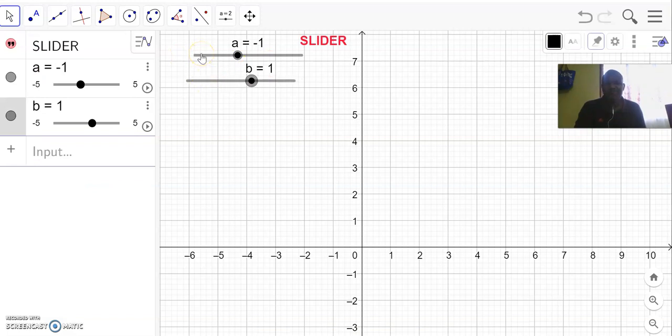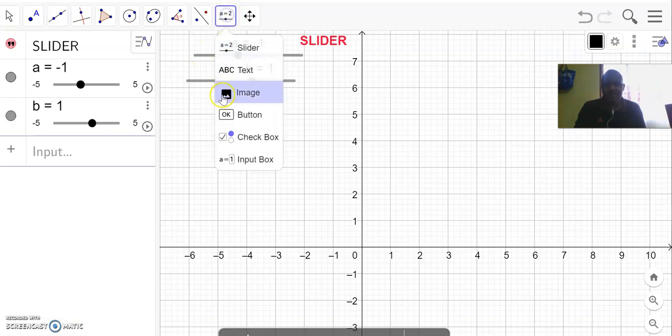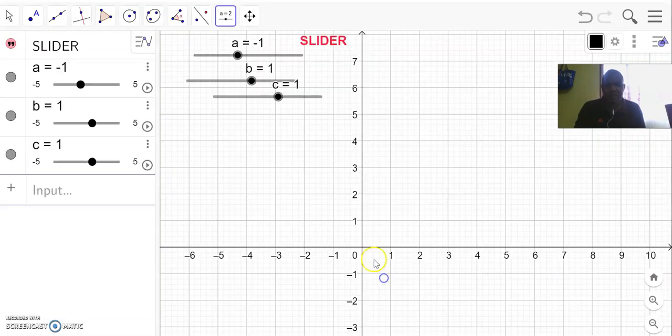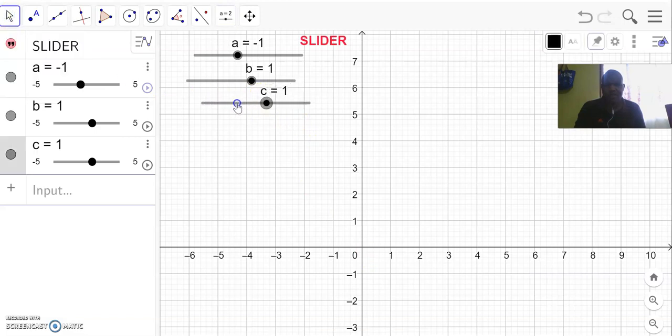And then bring slider for the constant now, which is our slider C. C is here. It's a number. -5 to 5 is okay to me. Then an increment of 1 is good to me. So I have now the three sliders, A, B, and C.